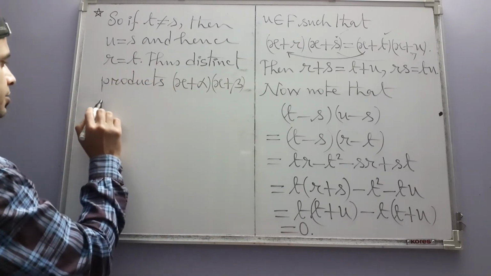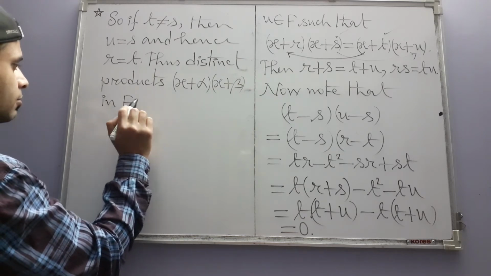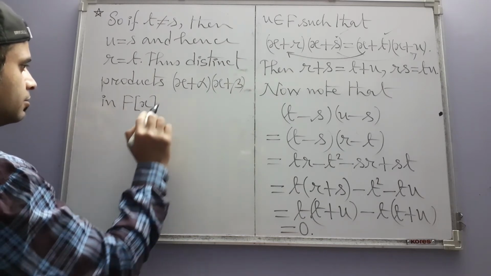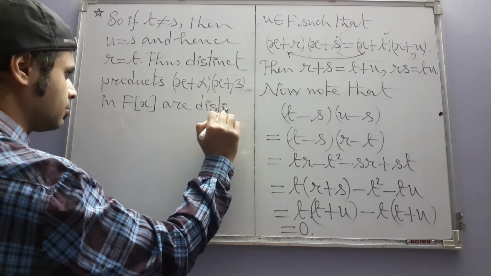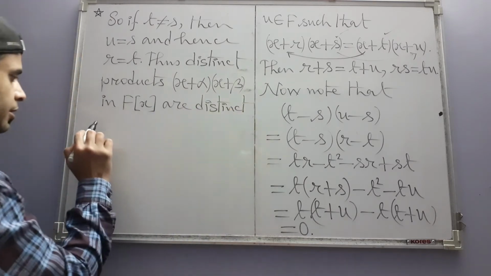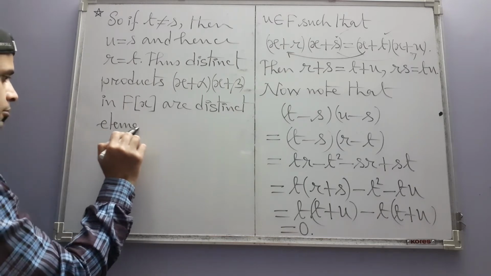Distinct products in the polynomial ring are also distinct elements.